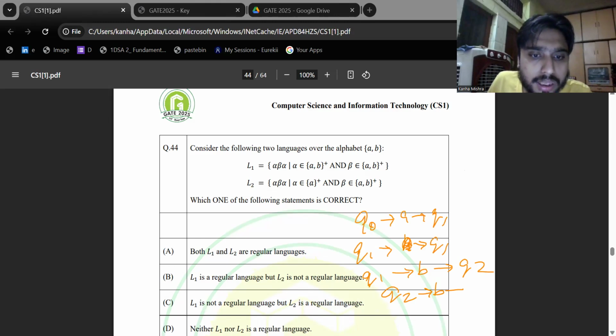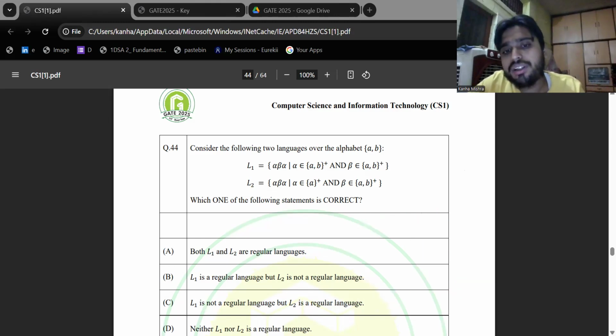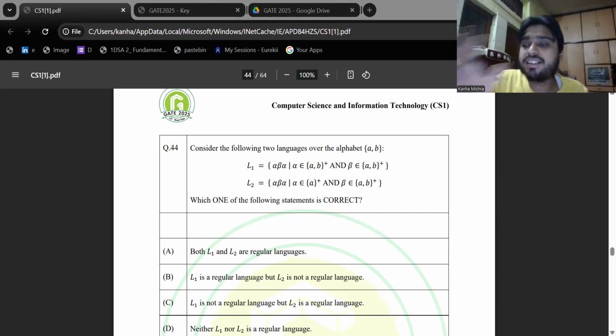Okay. Accepting state is Q2. Hence, it ensures that there is at least one A and at least one B, because in a to the power n, b to the power m, n and m are both positive. The automaton cannot remember an arbitrary number of things like a stack or a counter. Hence, patterns like matching counts are prohibited.